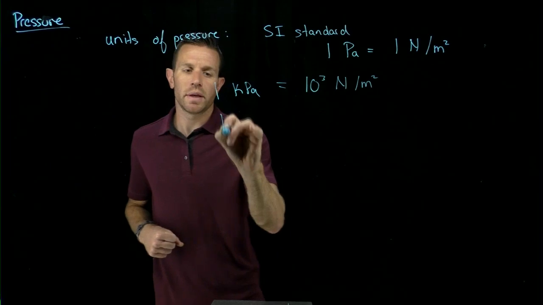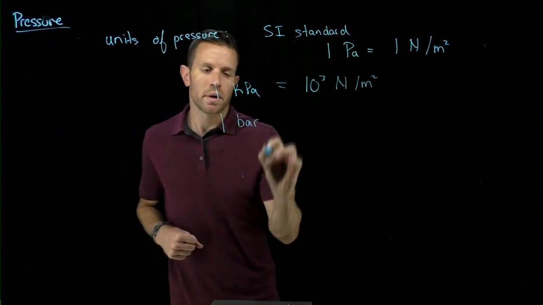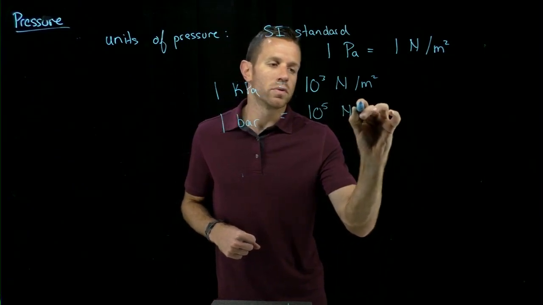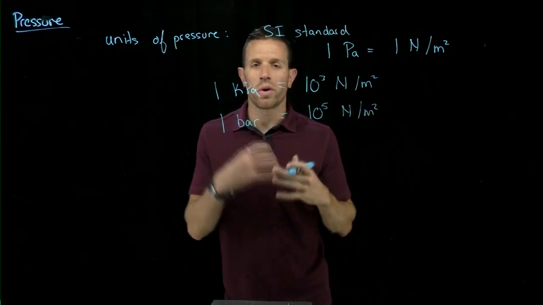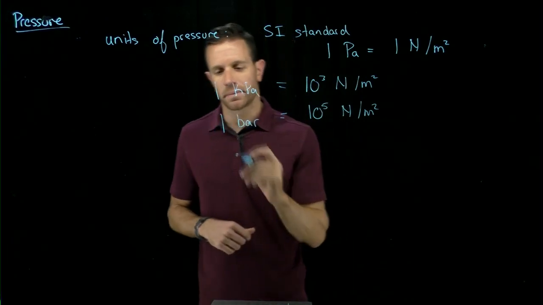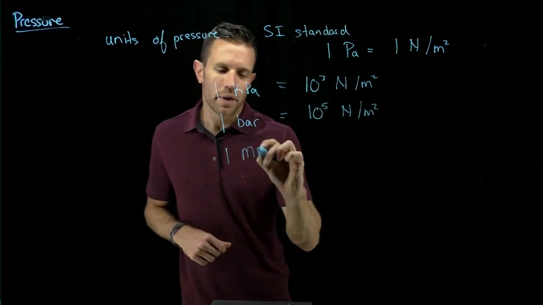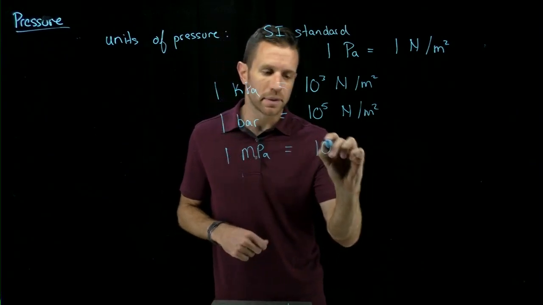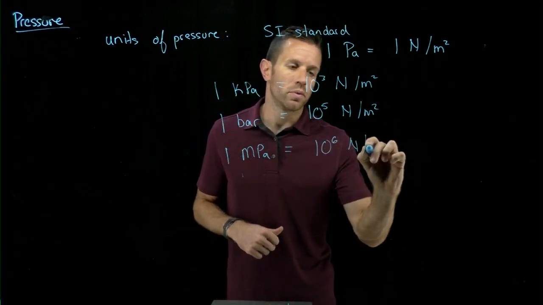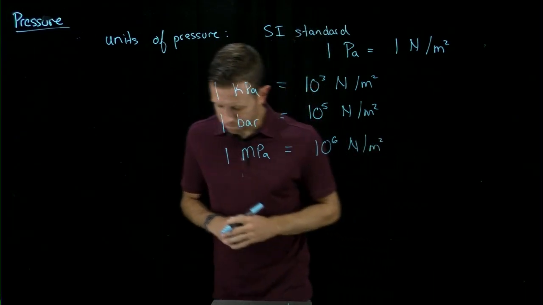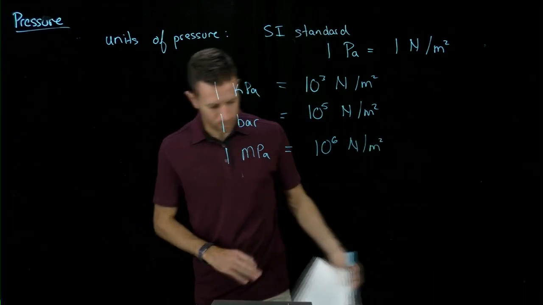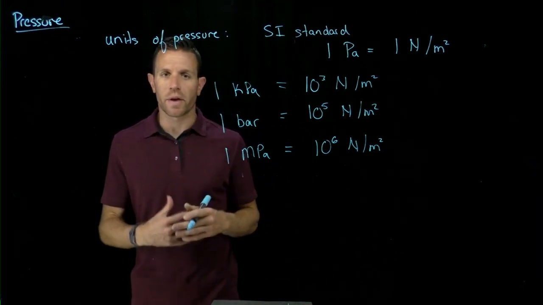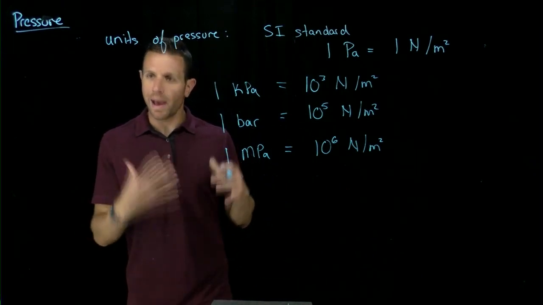The next one is a bar. 1 bar is 10 to the fifth newtons per meter squared, or 100,000 pascals. The next one is a megapascal, or 1 million pascals, and that is simply 10 to the sixth newtons per meter squared. When referring to atmospheric pressure, we often use atmospheres.